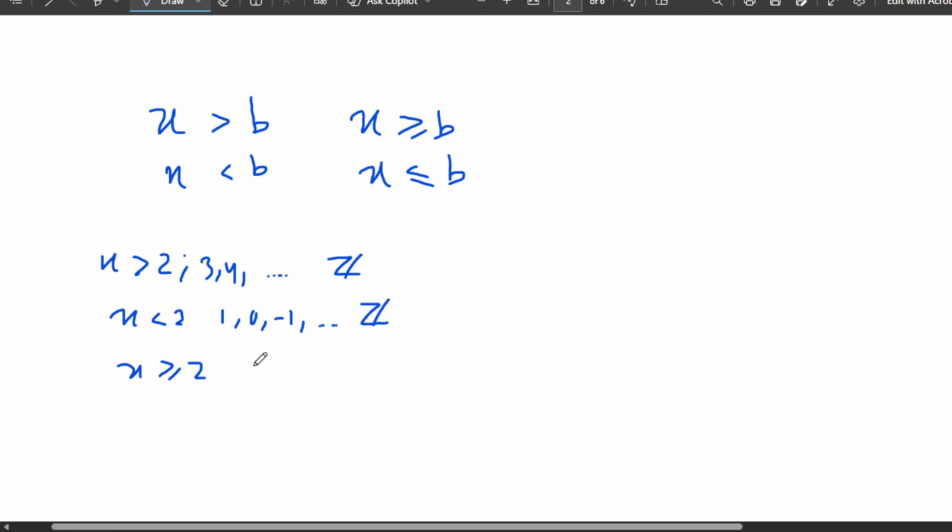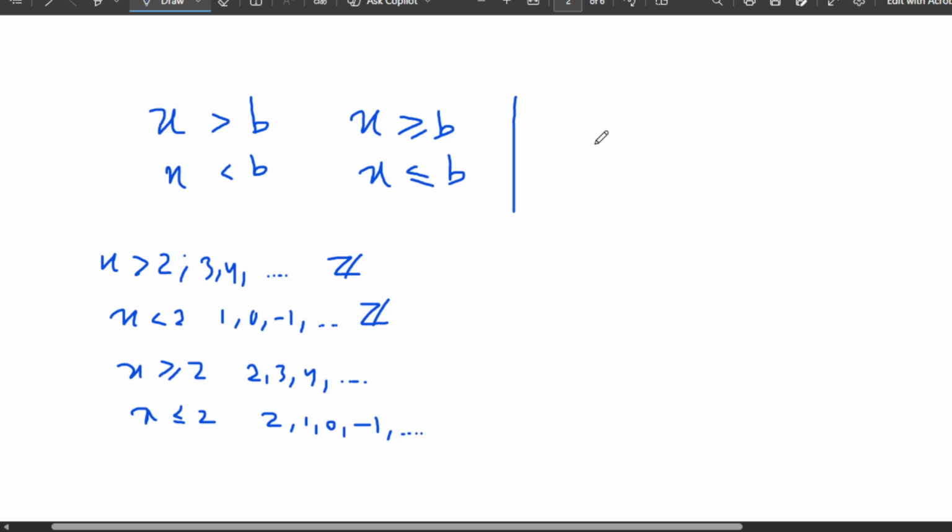So we include 2: 2, 3, 4, and so on. And what if x is less than or equals to 2? That means, of course, 2, 1, 0, -1, and so on. That's for greater, less than, greater or equals, or less or equals.